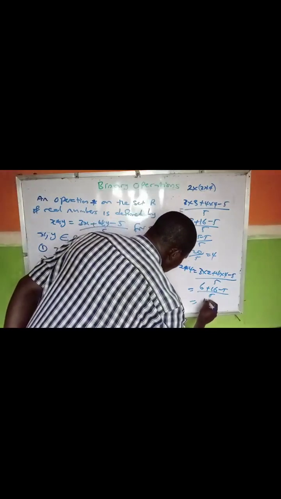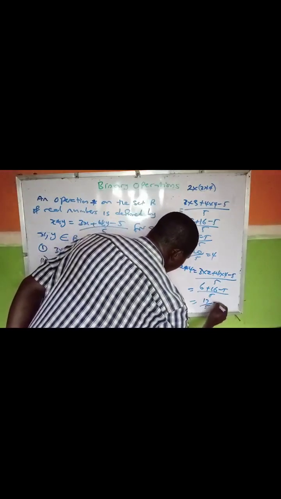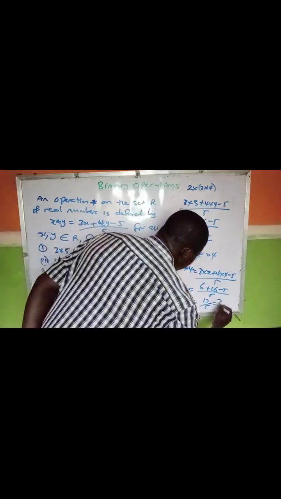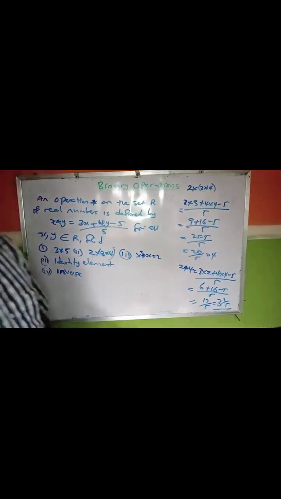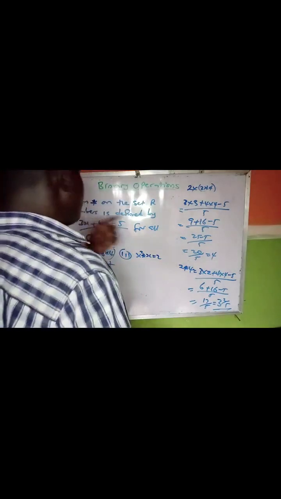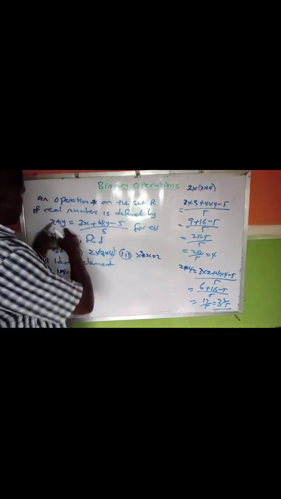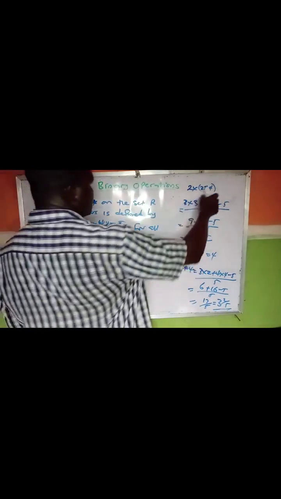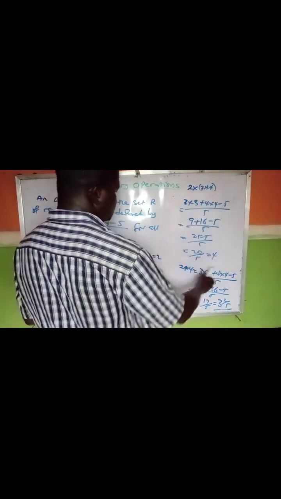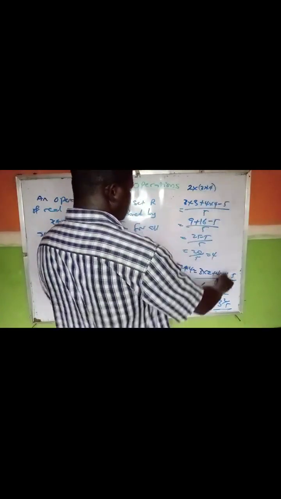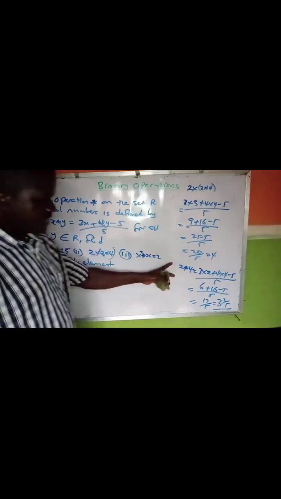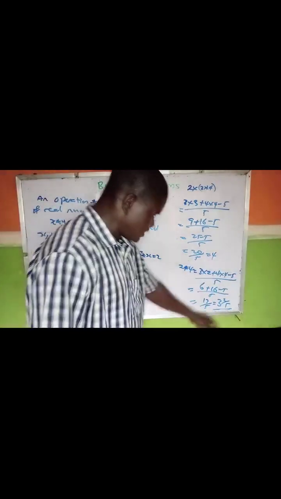So you will have 17 over 5, which is equal to 3 and 2 over 5. So that's the answer. Look at what we did again. You substitute this one into this first. After you've done that, you get the value for 4. So you replace it with this portion here, then you carry it out again. So the answer is this.